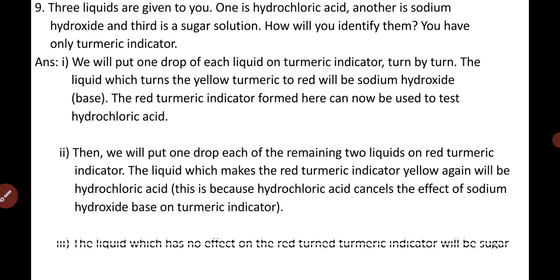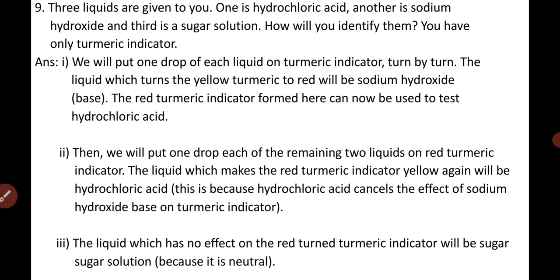Next, point number 3. The liquid which has no effect on the red turmeric indicator will be sugar solution because it is neutral. Okay, turn by turn you have added all the 3 liquids on turmeric indicator, right?